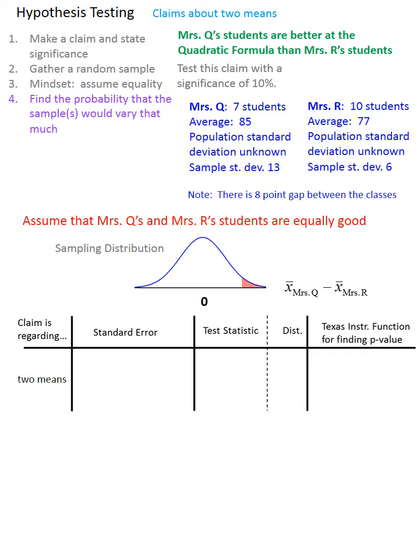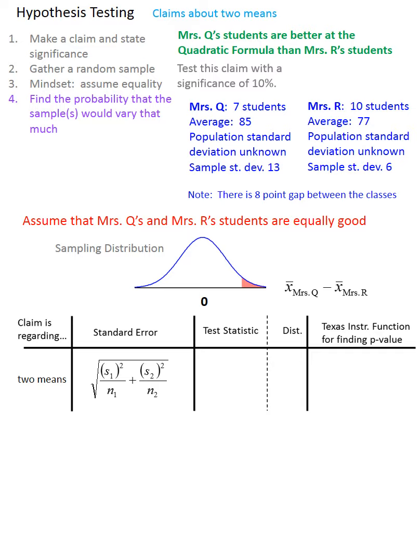We're doing a claim about two means. This time we're going to compute our standard error, but unlike the last problem where we used population standard deviations, we don't have population standard deviations here. Because we don't, we will substitute the sample standard deviations in their place.